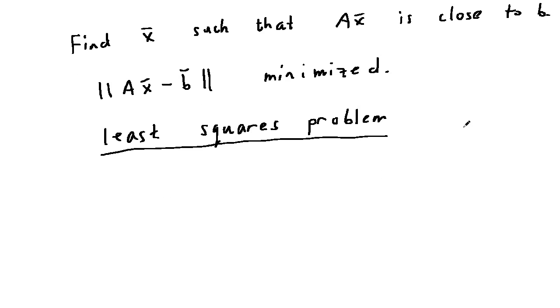The least squares problem doesn't just arise when we want a best fit line. It arises whenever we want an approximate solution to a matrix equation of the form Ax equals b.